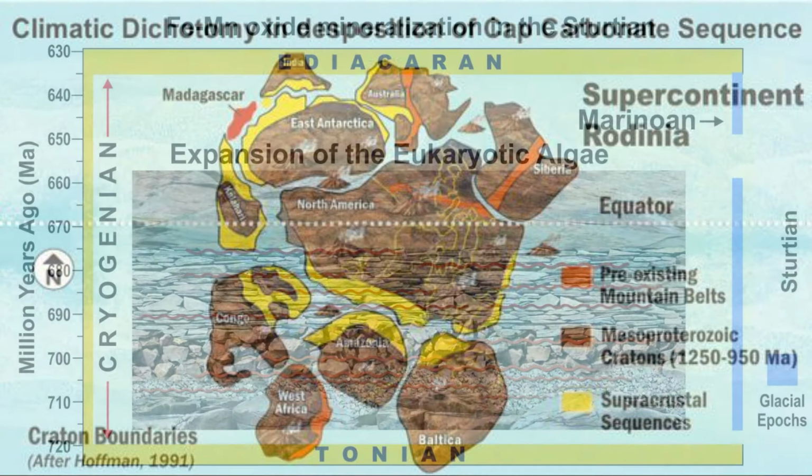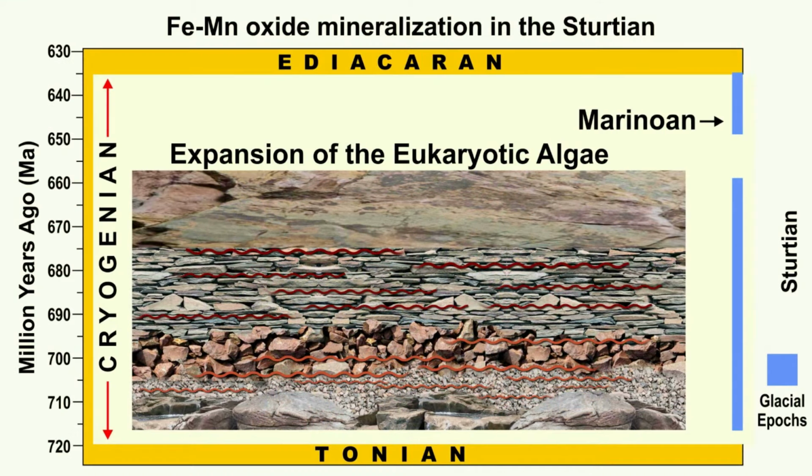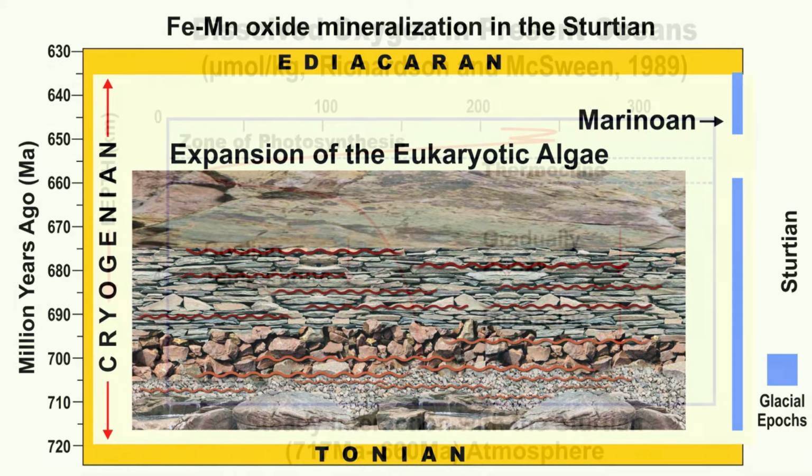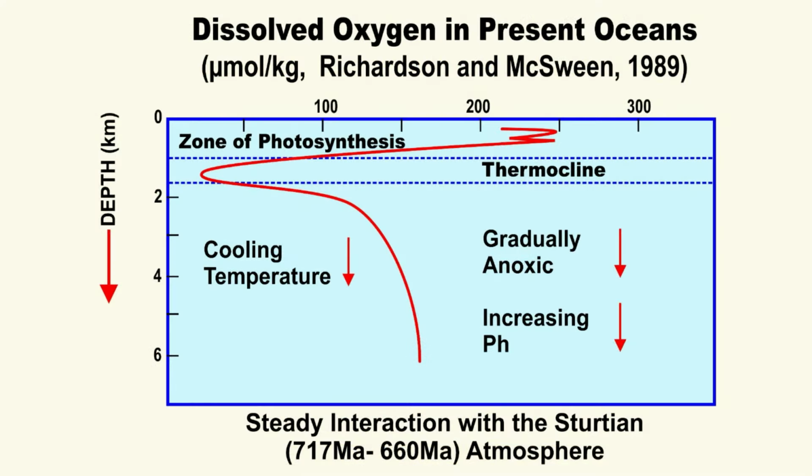That kind of microlayering of iron manganese hydroxides and association of silica is mostly accomplished perhaps through the mediation by cyanobacteria or by blue-green algae within the zone of photosynthesis.